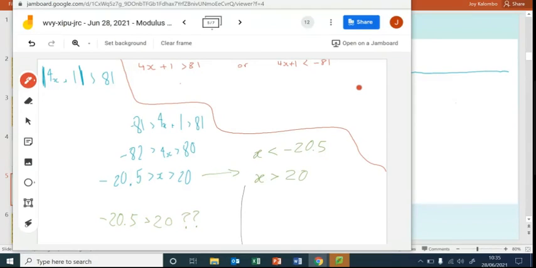I can't really see how that works for me. So imagine this. What's this going to be? Positive 100, that gives you 100. Does that satisfy the inequality? Yes. What about this? Okay, what about this?